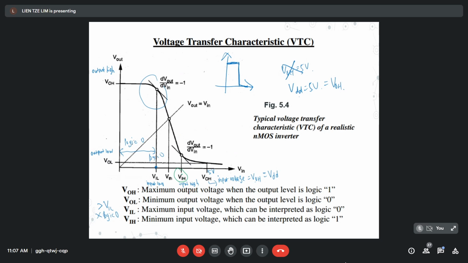When the voltage to the input of the NMOS is at VIH, the input is considered as logic 1. So this is the minimum voltage. For any voltage level that is above VIH, it is all considered as logic 1. I draw here. This is logic 1.